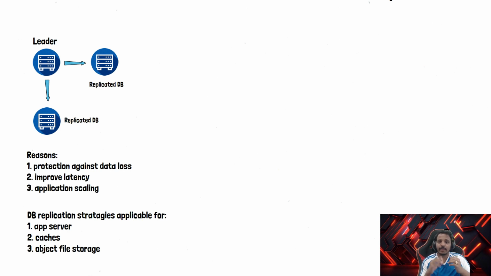Only because of this reason we have so many types and categories of failovers, and for deciding who is going to become the leader among the multiple replicated databases that we are having. And how the recovery is going to happen, and how all such things are going to remain intact even after the leader database crashes.